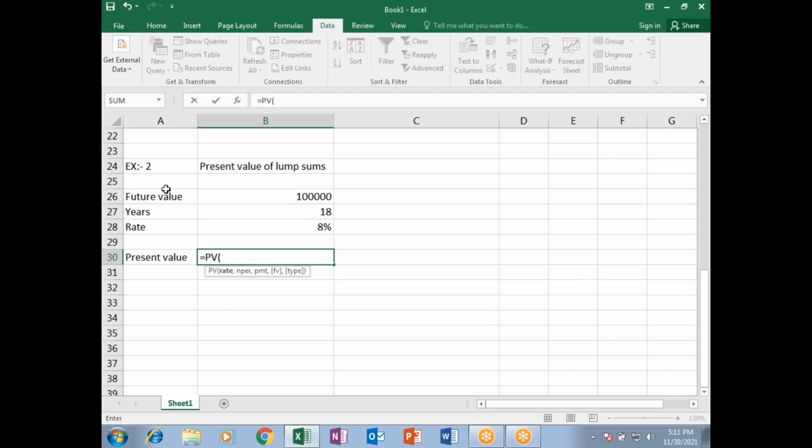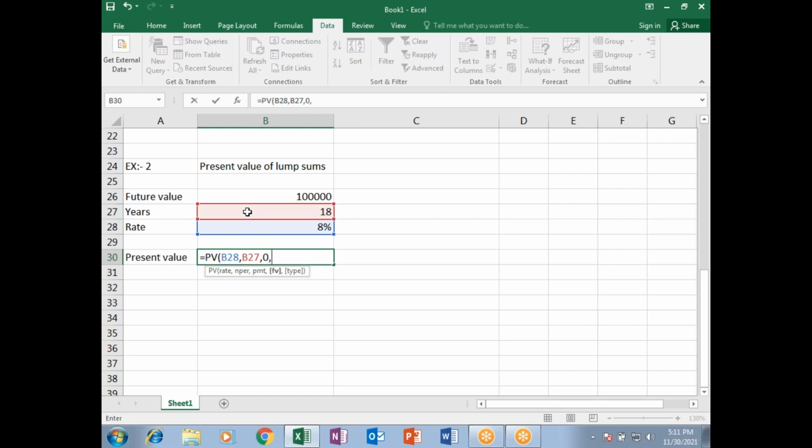So rate, that is 8%, comma. Then I need to give years, comma. Here there is no payment amount, so I will give 0, comma.